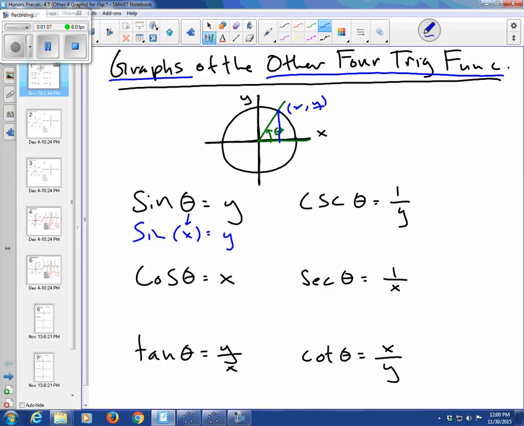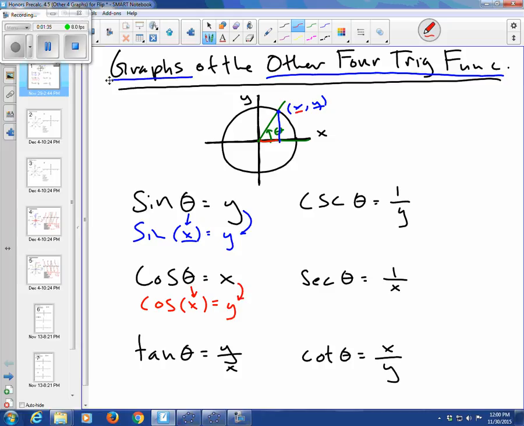And so right here we're saying basically a function which takes its inputs as rotations on the unit circle and its outputs as vertical change, or the y value on the perimeter of the unit circle. Similarly, we can say that the ratio of cosine can be defined as a function when we take the inputs as the rotations and the outputs as the horizontal change that those rotations create, or the x value on the perimeter of the unit circle.